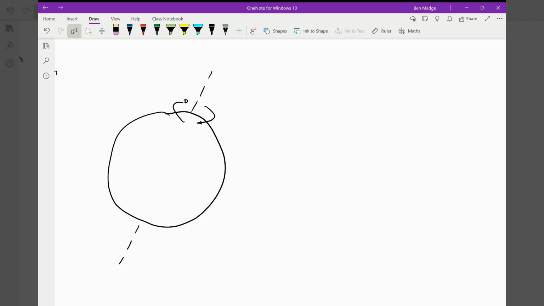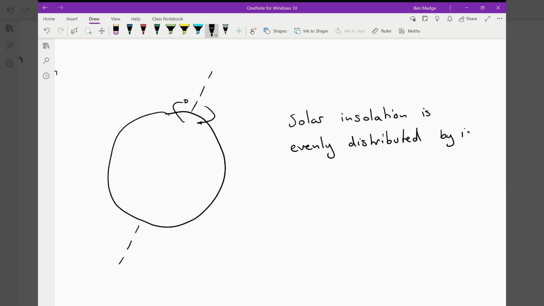Okay, so the solar insolation is sort of evenly distributed by its rotation.